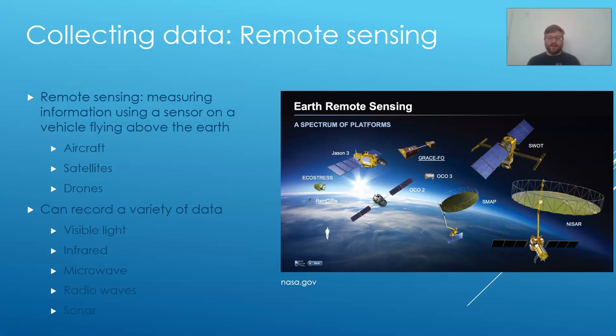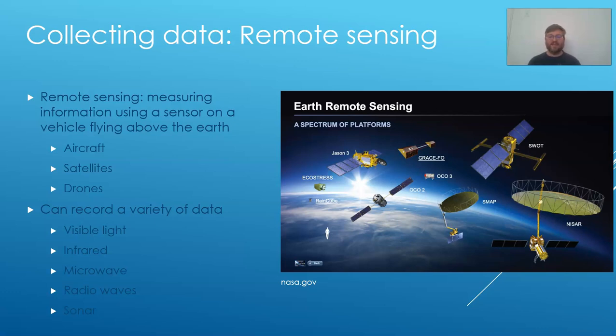So a vehicle without a human passenger that we can navigate around, carrying some sort of a sensor to gather information about whatever it is we're flying it over. And the sensors on a remote sensing platform can detect a variety of different kinds of data. So they can gather visible light data, essentially just a camera taking pictures of the Earth. They can gather infrared data or microwave data or radio wave data.